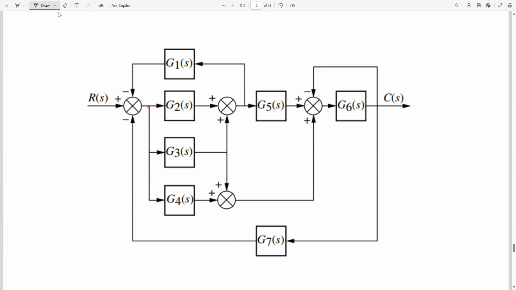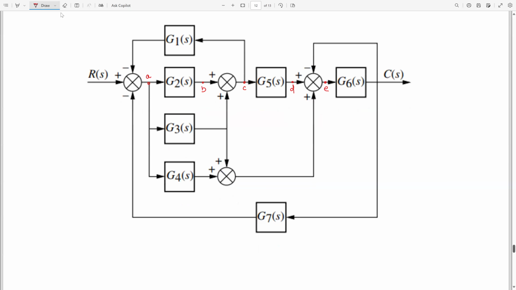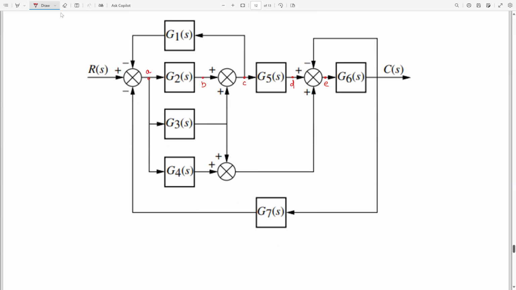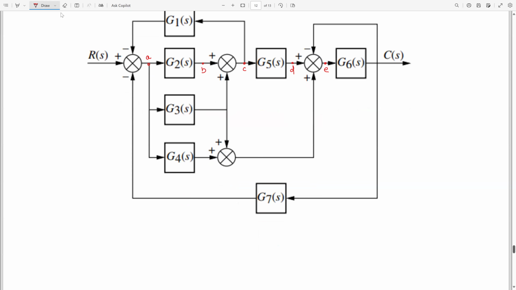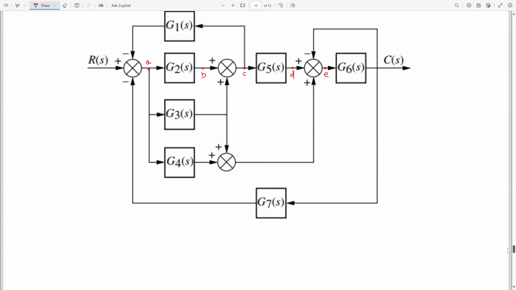So the internal signal here is A. Ahead of this, I have B. Ahead of this, I have C. Ahead of this, I have D. Ahead of this, I have E. Ahead of this, to the output. So there's no need for me to rename it again. So the main forward path is what we have here to here. I haven't tried this yet, so I'm just solving it off the top of my head. So if you feel like I've made a mistake, I've shown you where we are.